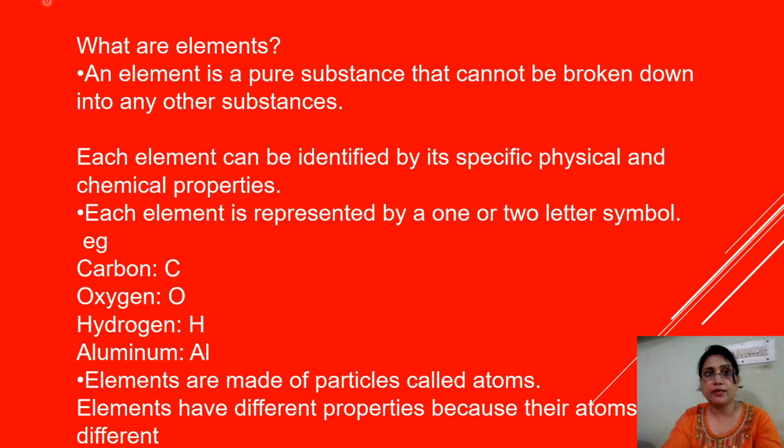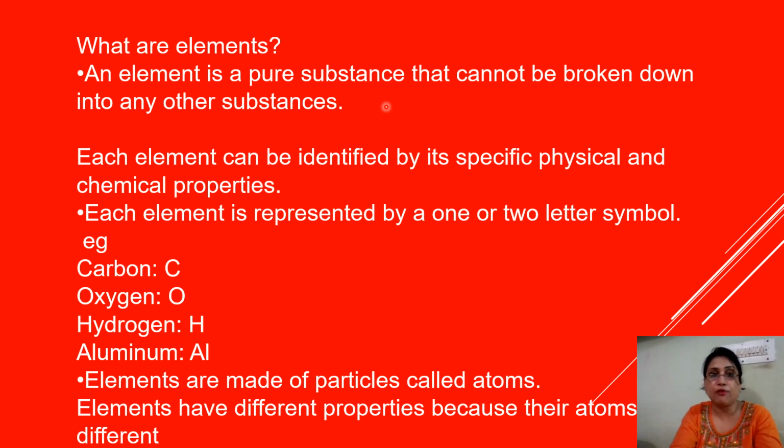Let's have a clear understanding about elements that you have just come to know. You already know maybe that an element is a pure substance that cannot be broken down into any other substance. If I take gold, it cannot be broken down into other substances.